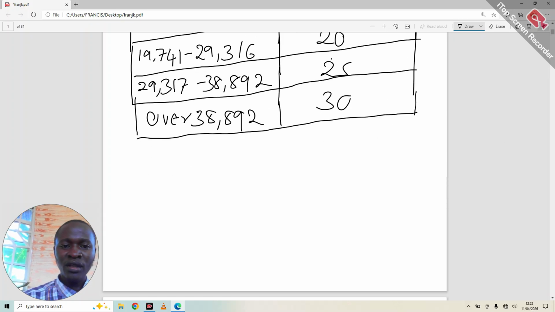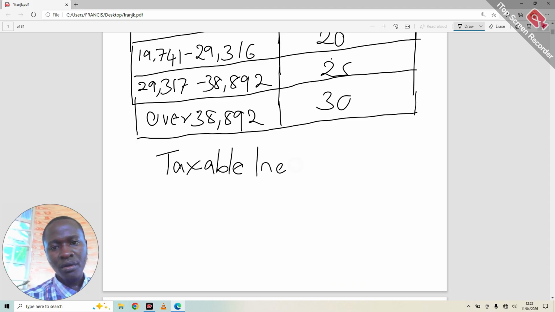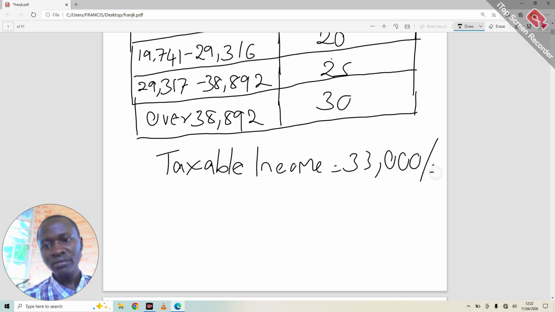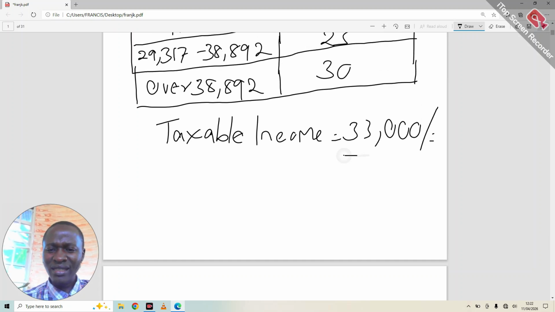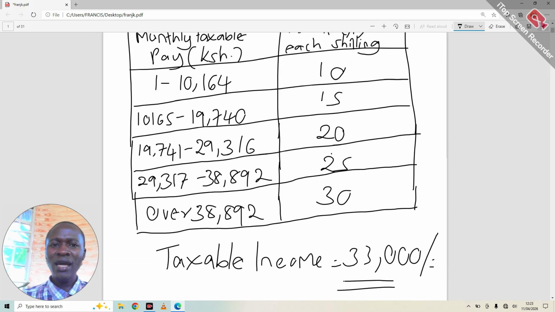So let's start. Already we have our taxable income to be 33,000 Kenyan shillings. So how do we get the gross tax? You first ask yourself, this 33,000 Kenyan shillings falls in which band? You see these rows, they are the ones referred to as bands. So in which band is it falling?